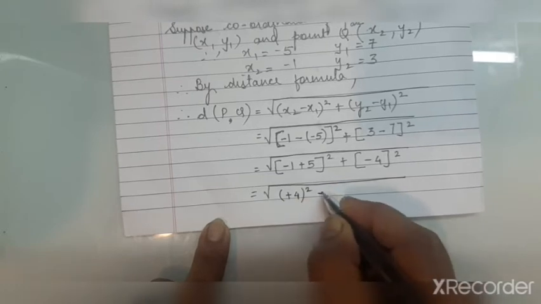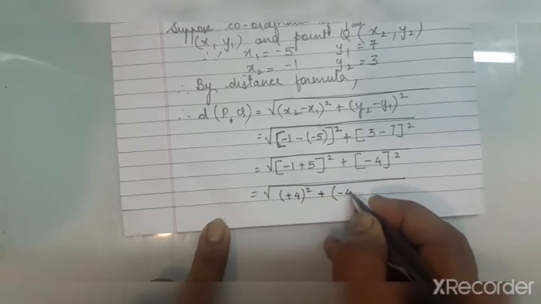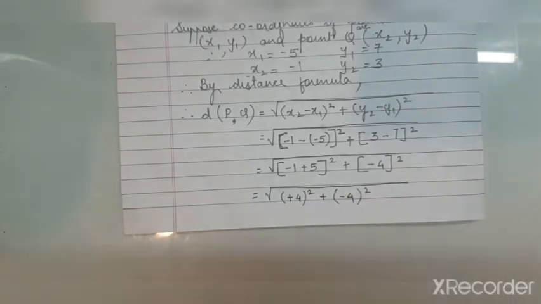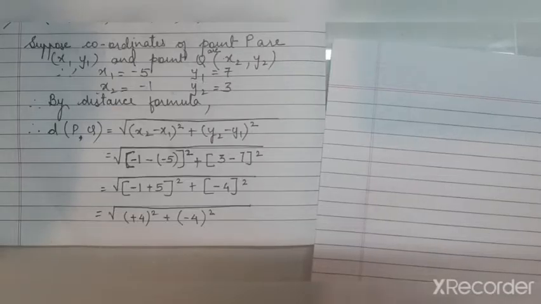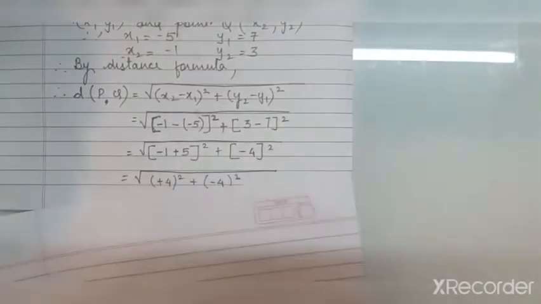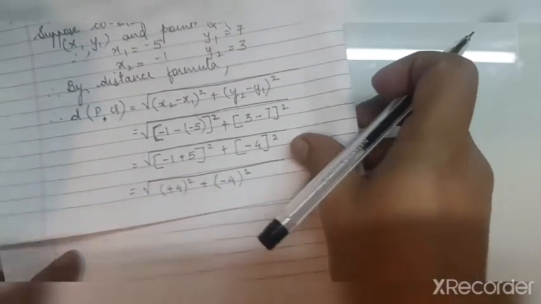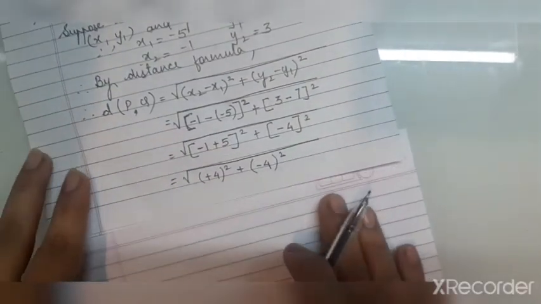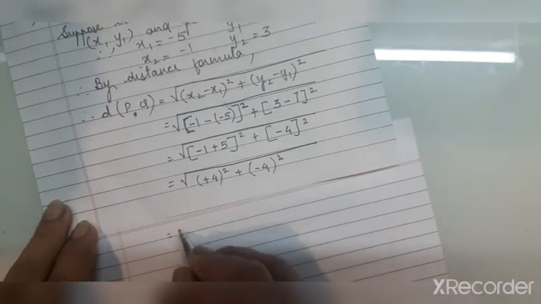The whole square plus -4 the whole square. Okay. Now you can see here. Now we will proceed. Okay, we continue here.